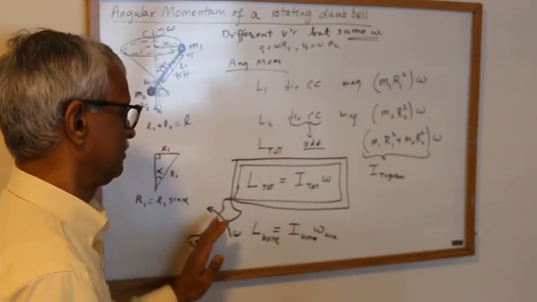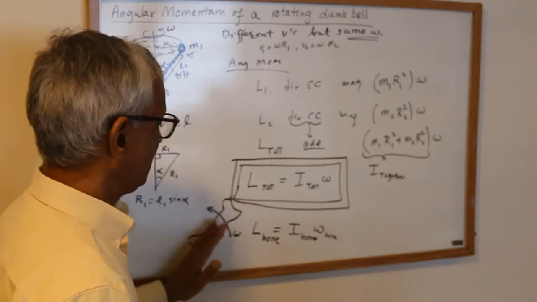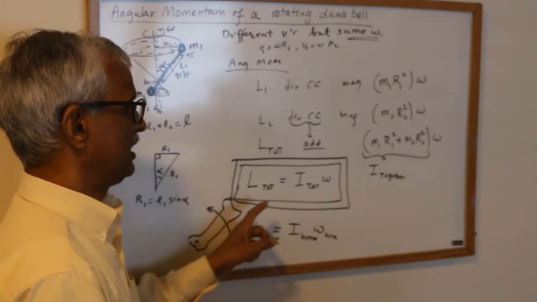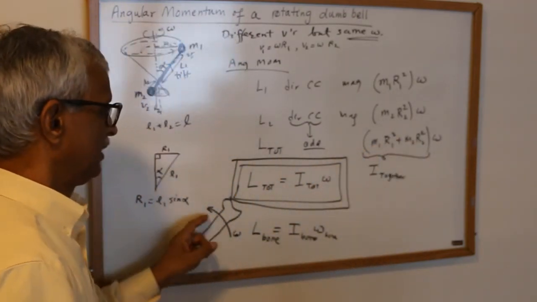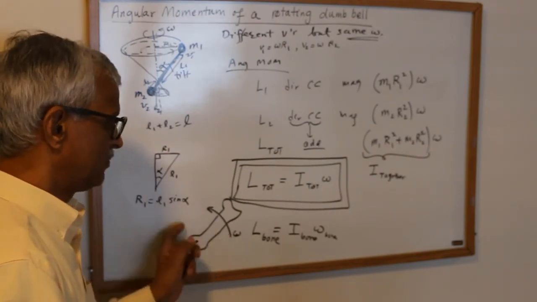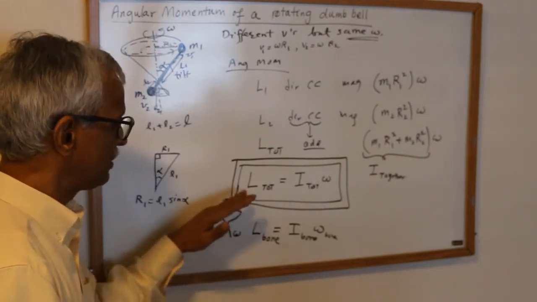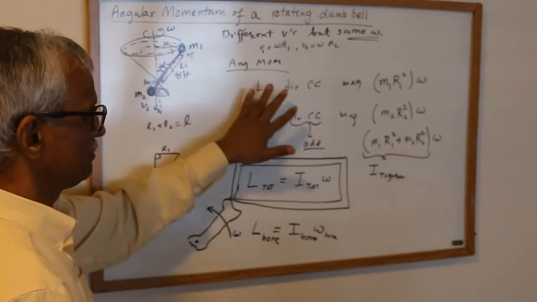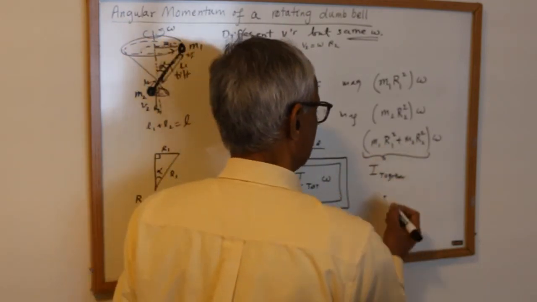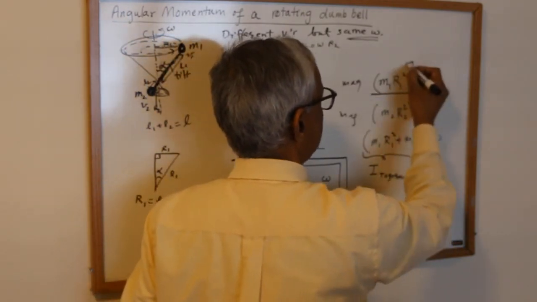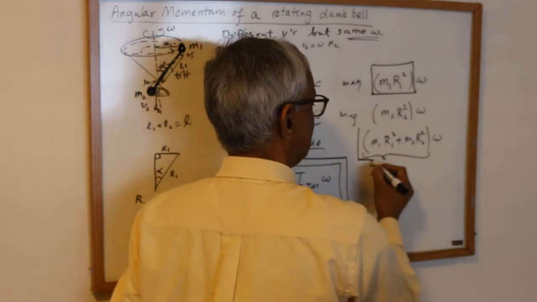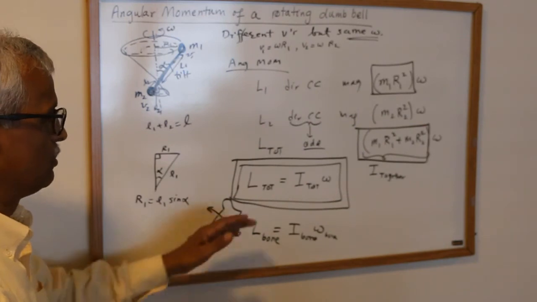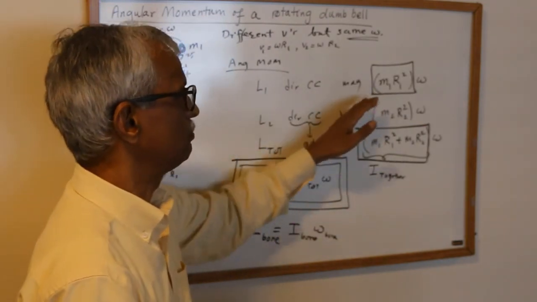But fundamentally, you can think of the bone being made up of a whole bunch of particles, and when I add up all the particles, they will give me a net formula for the bone. And we're going to work it out for the bar next. So right now you can see how the moment of inertia has a fundamental formula, and this is a way to add moments of inertia where there is more than one particle.